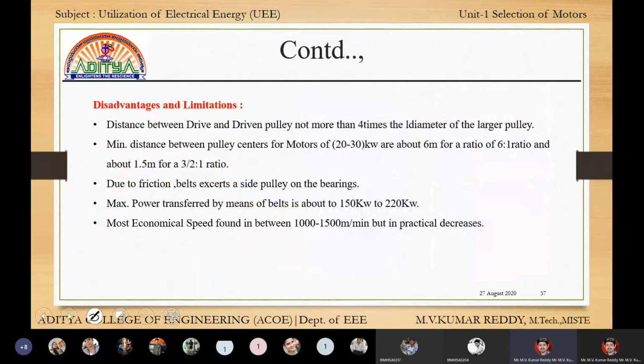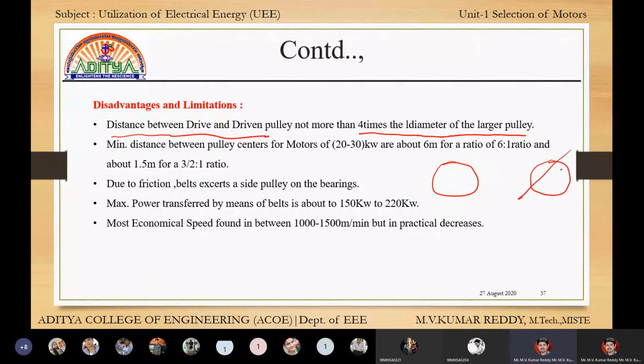Next are the disadvantages and limitations. The distance between the drives should be four times the diameter of the large pulley. This is the first pulley and this is the second pulley.